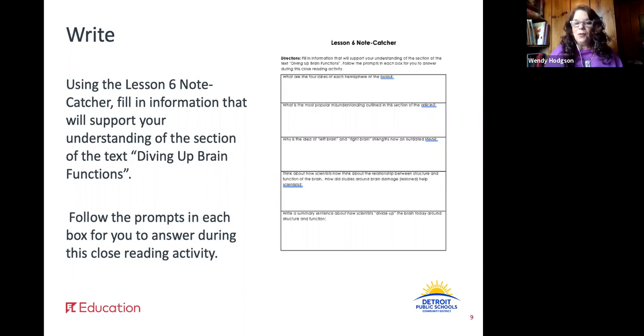So the popular misunderstanding is about that left brain, right brain section of the article. And I hope you wrote down some things about that right there. We'll check out your summary as time goes on.